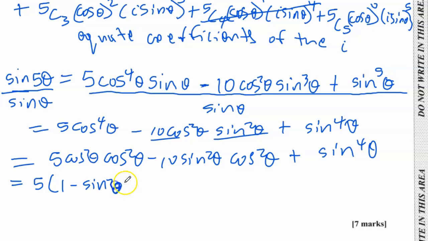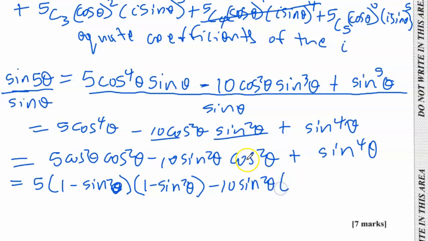So we rewrite cos square theta as 1 minus sine square theta. So cos square times cos square, that's 1 minus sine square theta times itself. Then the next we have minus 10 sine square theta, and the cos square we can rewrite as 1 minus sine square theta, plus sine to the 4th power.